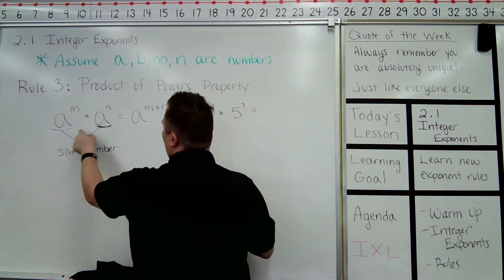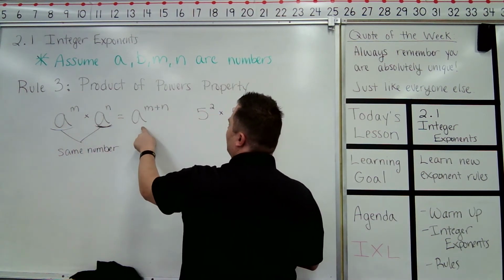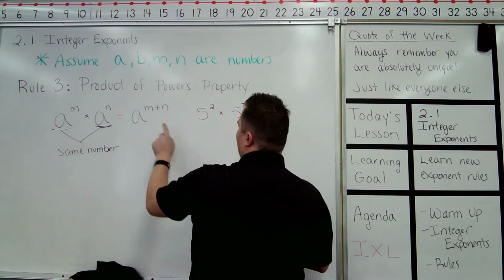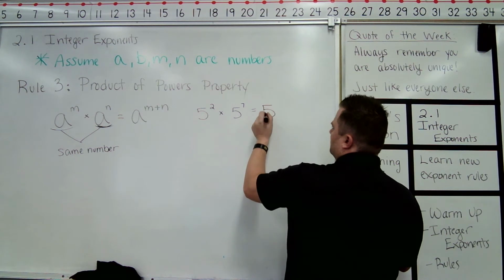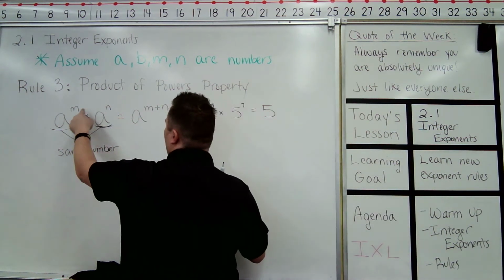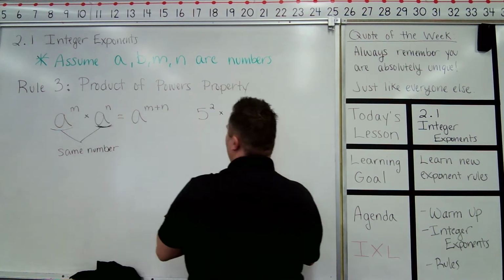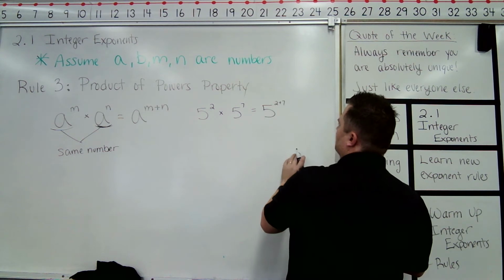If the bases are the same, and they each have exponents, what I'm allowed to do is rewrite it as A, meaning 5, to the m plus n. Now, m and n come from here, so it's m plus n, which means 2 plus 7.